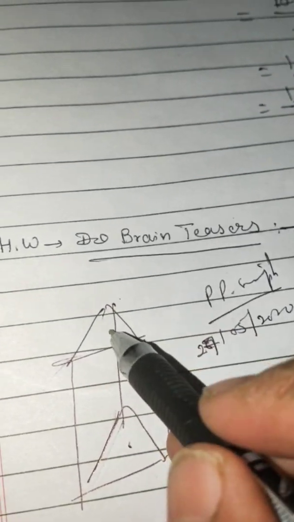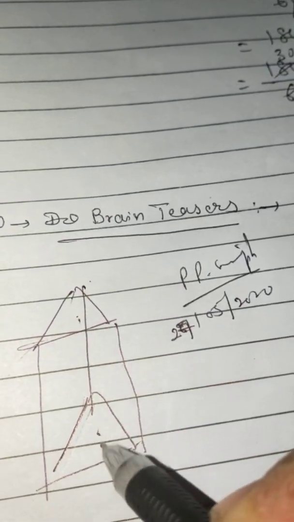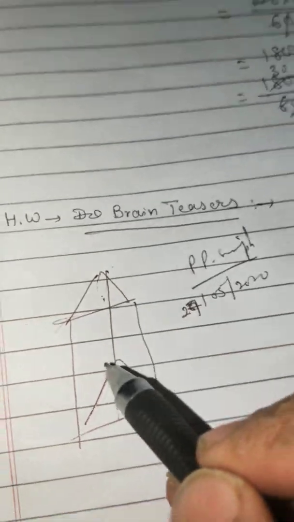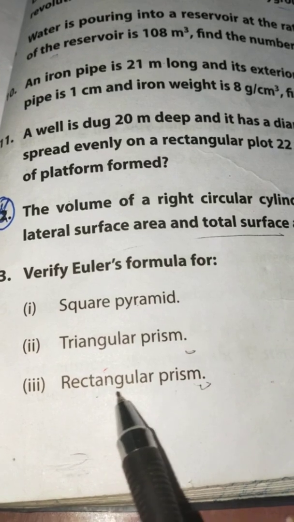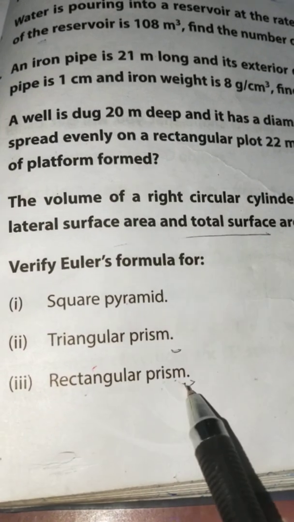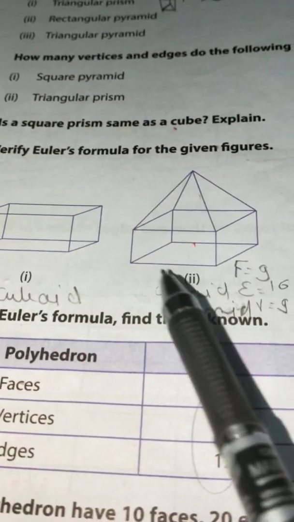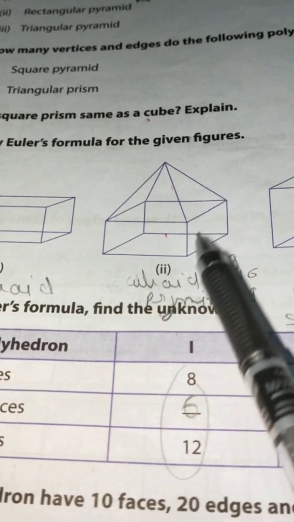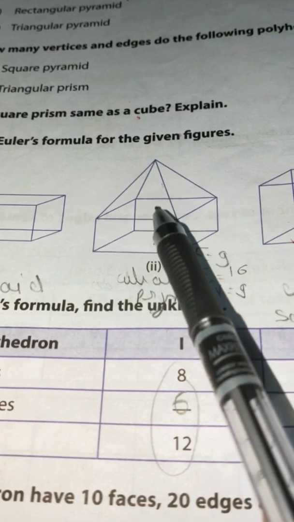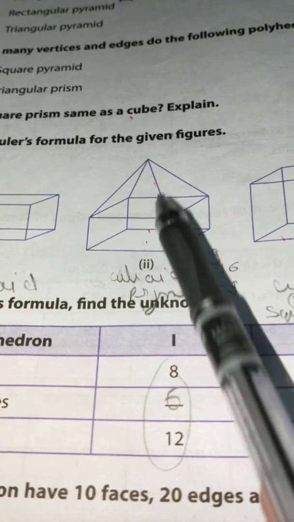In a triangular prism, its top and bottom faces are congruent polygons. Now rectangular prism is also known as your cuboid. So dear children, one of the problems of students is what is the name of this solid. This below solid is known as cuboid and this is surmounted by a pyramid.